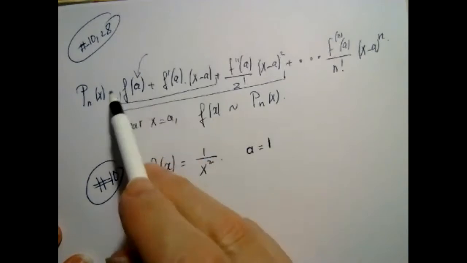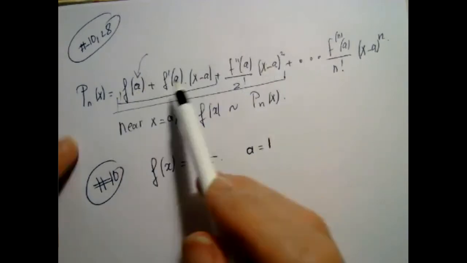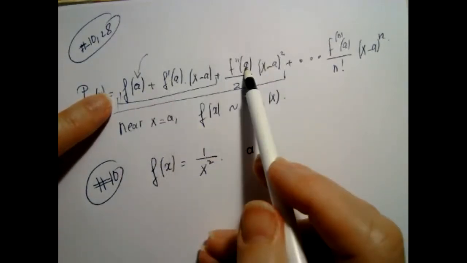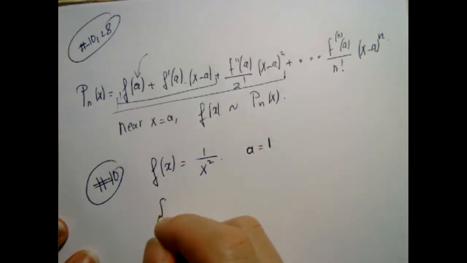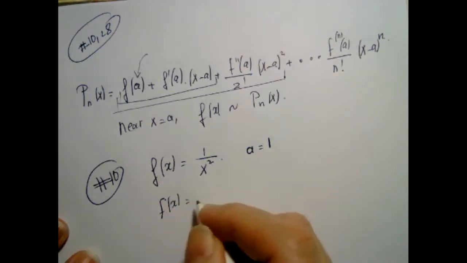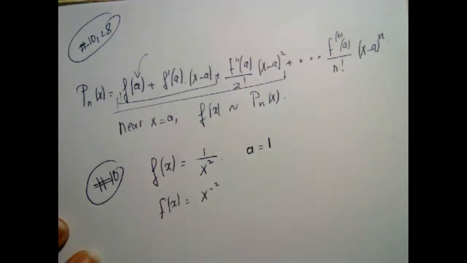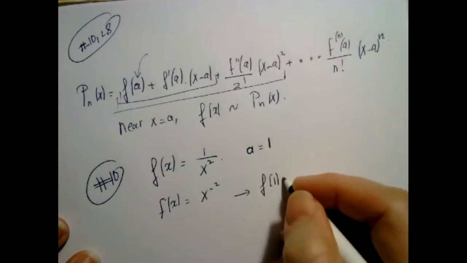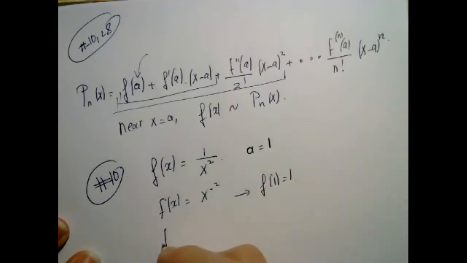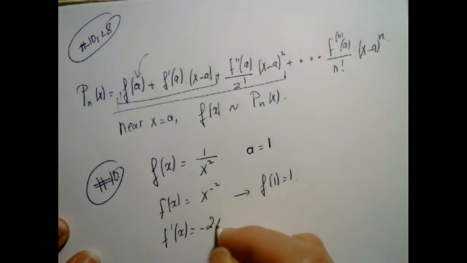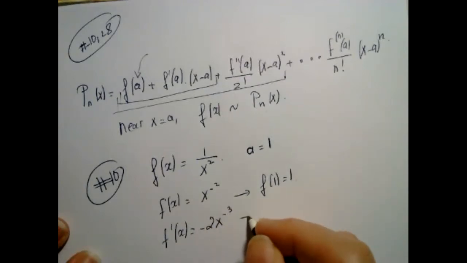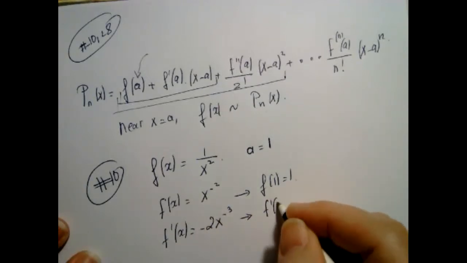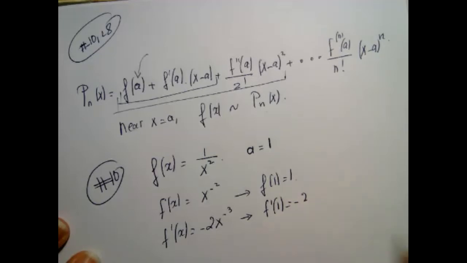To find the linear or the quadratic, I need the first derivative and the second derivative. Because I need derivatives, I'm going to rewrite f of x as x to the minus 2, which at 1 gives me 1. The first derivative is minus 2 times x to the power minus 2 minus 1, which means the first derivative at 1 is minus 2.